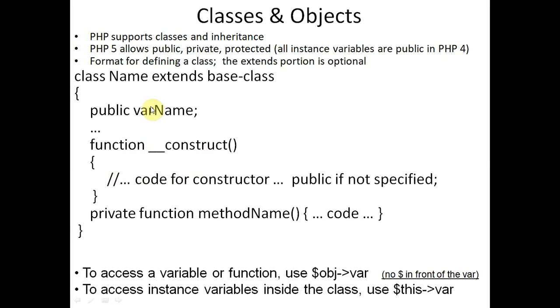PHP 5 allows public, private, and protected members. We have different types of variables inside the class, and they are divided into public, private, and protected.